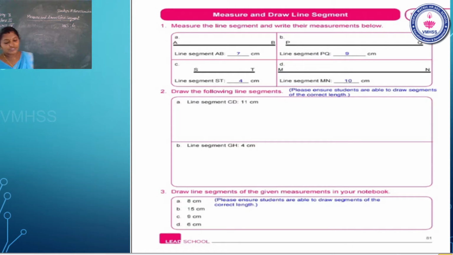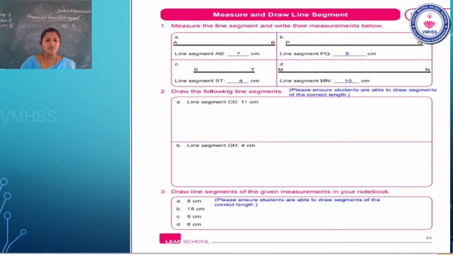What is the first rule? Keep the 0 centimeter end of the ruler on point A. Count till you reach point B. Read the marking on the ruler at point B.